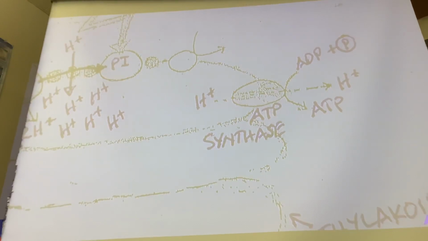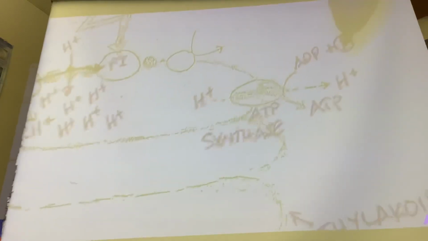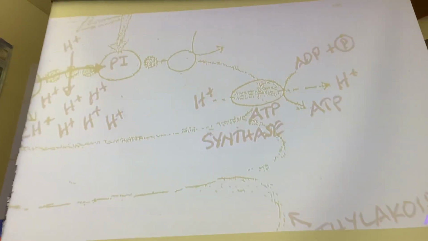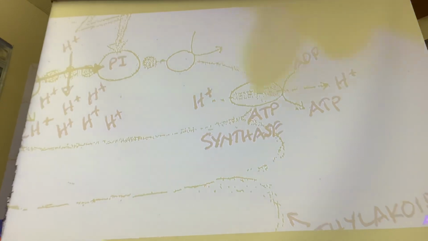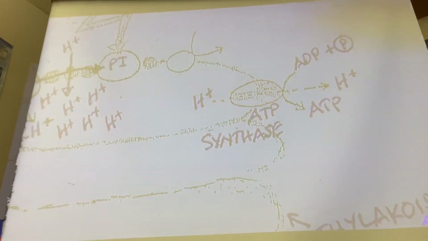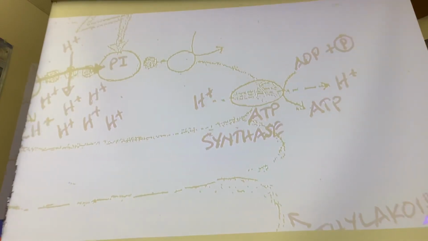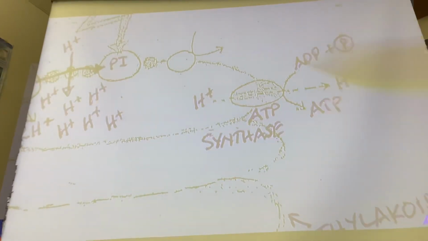Yes? Is one ATP made for every proton? So in a perfect world, yes, one ATP should be made. But what ends up happening is it's slightly less. Because as this is spinning around, every time one goes through, it's making a rotation, but there may not be an ADP or a phosphate, so it'll skip a turn until it picks it up.